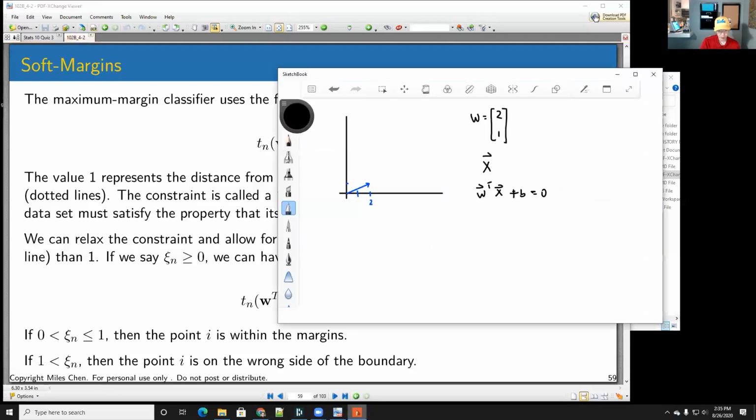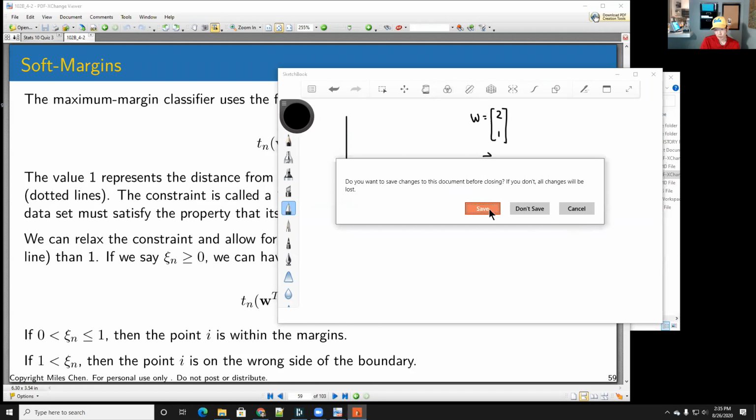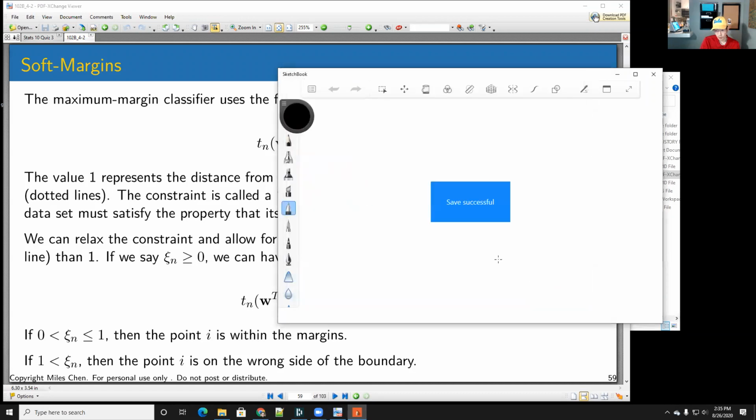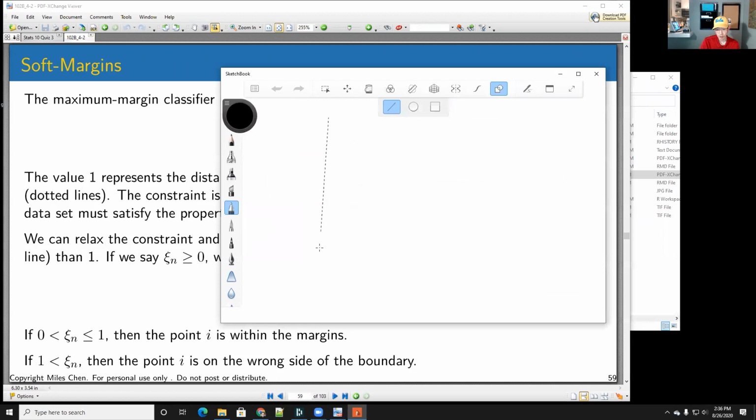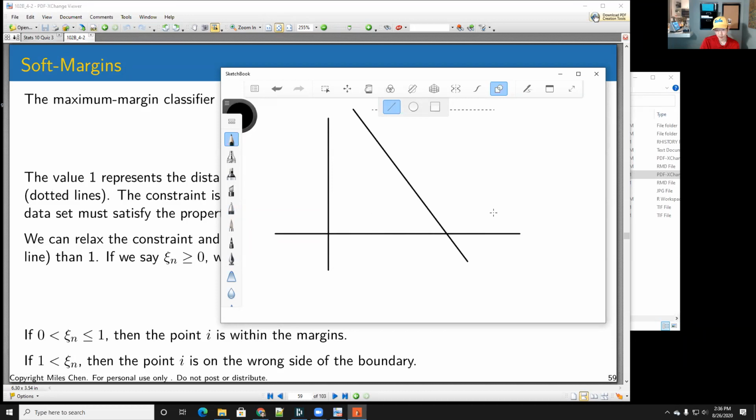And so, what the picture looks like for this is that if you have something like this, and let me just, I don't know if I'm able to draw dotted lines, so I'm going to just draw kind of thinner lines.